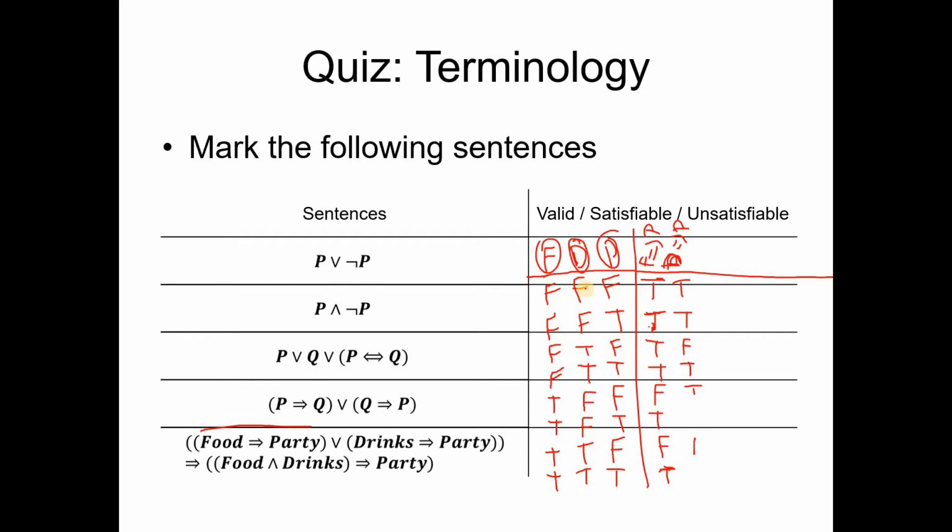And when you do it, at least check 2 times if you have done everything right. So drink implies party. When it is false, output is true. When it is true, output should be false, true. So here it is correct. And when it is false, here it should be true. And when it is true, this is false, and this is true. So this is the second one.